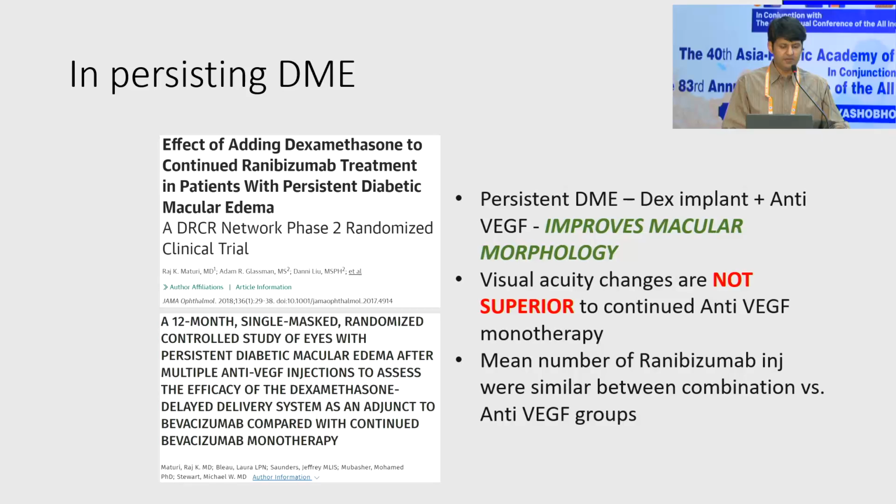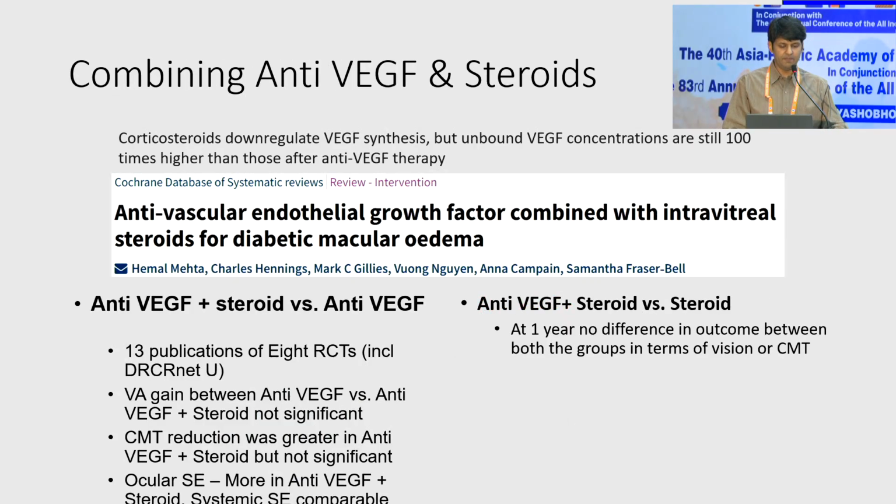It is known that whenever we introduce a dexamethasone implant in these patients, it definitely improves the macular morphology. But unfortunately, it has not been shown to have any superior effect in terms of visual acuity as compared to anti-VEGF monotherapy. So though the OCTs look better, the patient does not read better or see better.